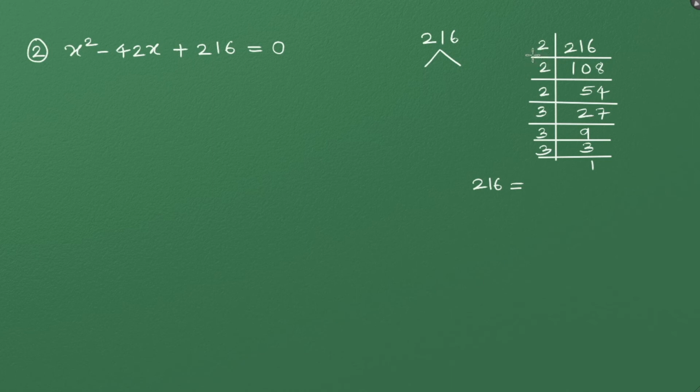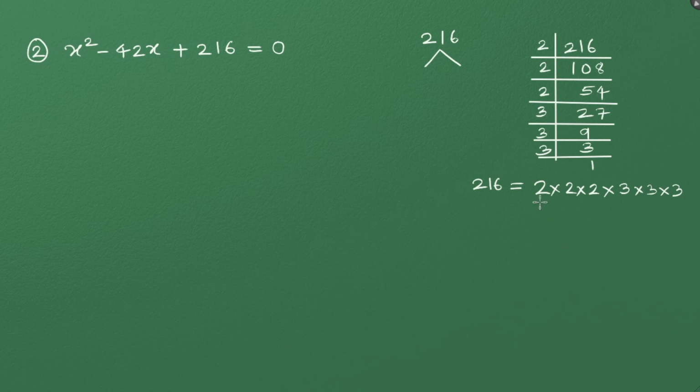216 equals. Now what we have to do is we have to group these numbers into 2 such that upon addition it should give 42. Now let's try.